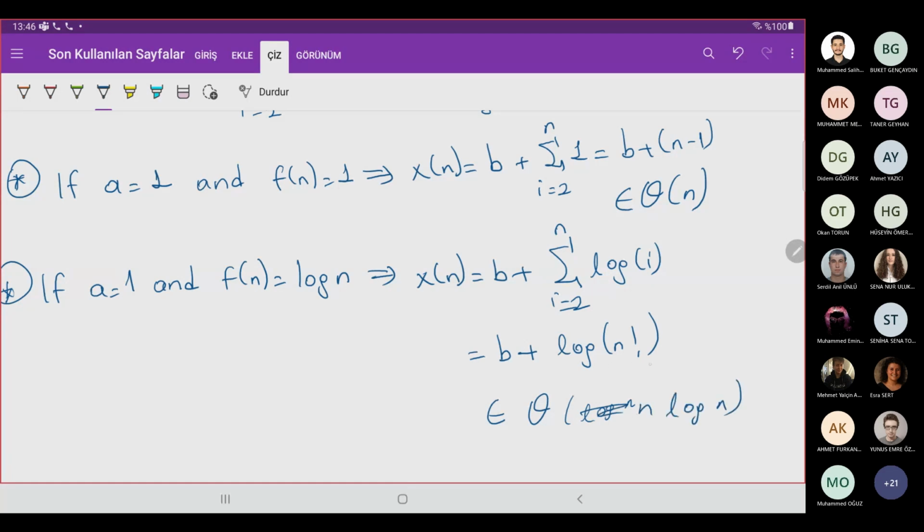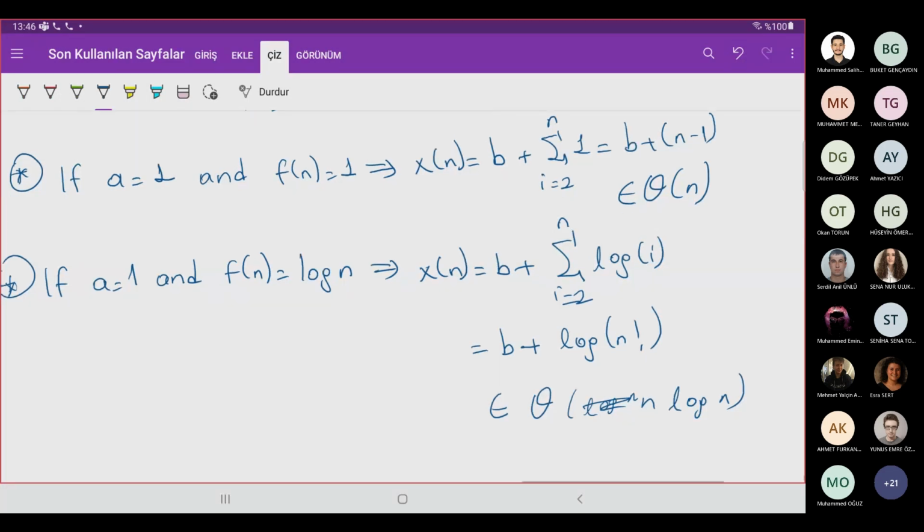Why? Because I have n terms here. This is like log n plus log n minus 1 plus log n minus 2, right? So there are n terms, and the upper bound for each of them is log n. So n terms each with log n makes theta n log n, okay?